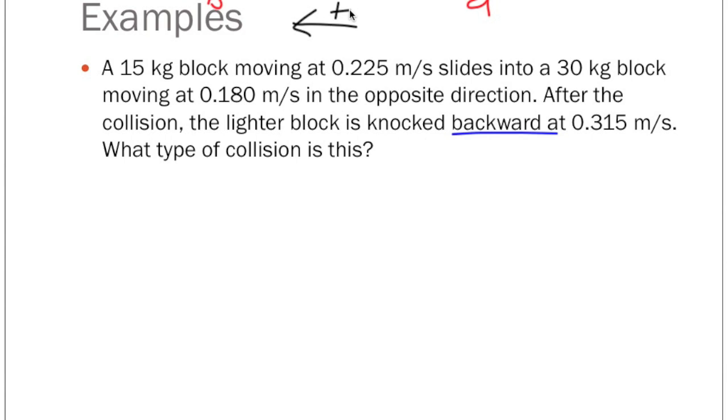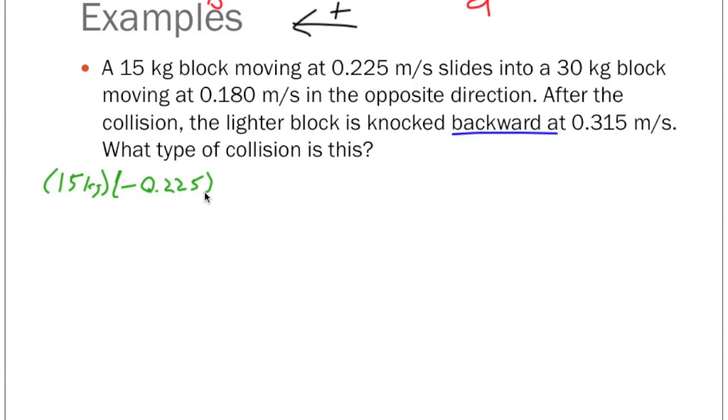Taking a look at what we've got here, let's first look at the before situation. We know that the total momentum before should be the same as after. So the momentum of our first block, the 15 block beforehand, is going to be a mass of 15 kilograms times its velocity, which in this case is negative 0.225.